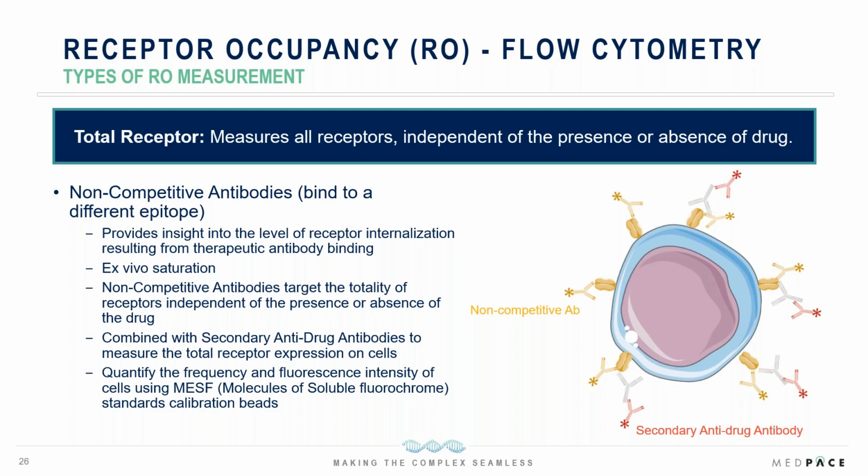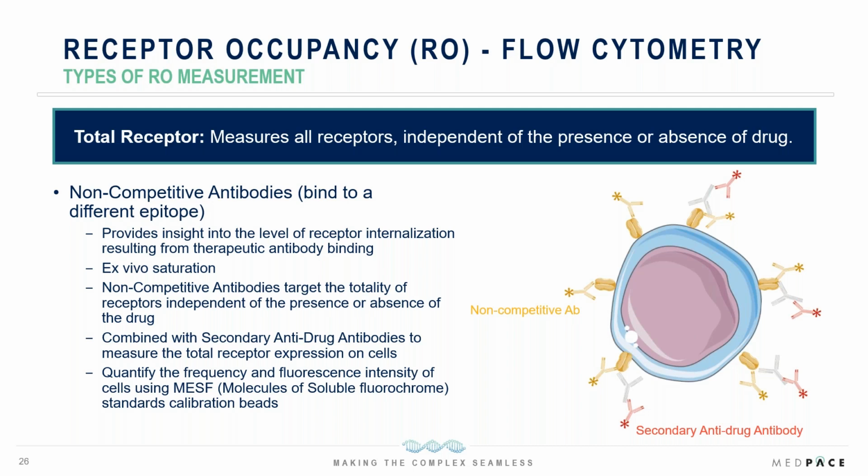This non-competitive antibody will bind to a different site from the antibody drug on the same receptor, so that you will be able to measure the totality of the receptors on the surface of the cell. We usually combine this assay with the bound receptor assay that uses a secondary anti-drug antibody. This combination enables the measurement of the total receptor expression on cells.